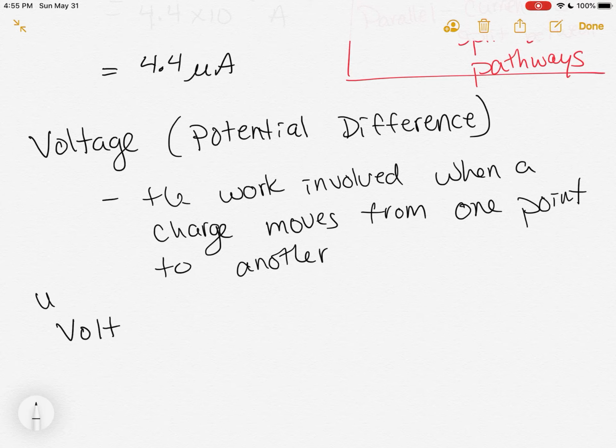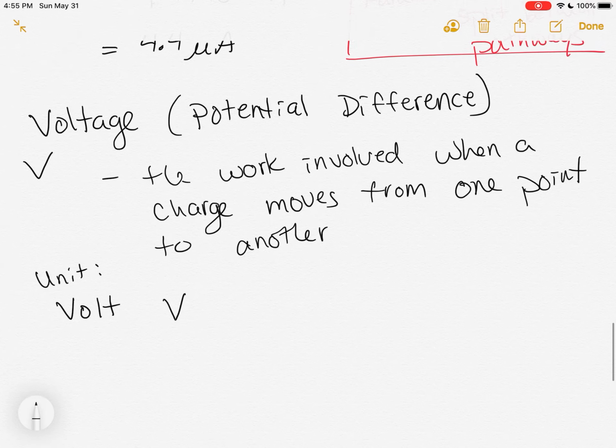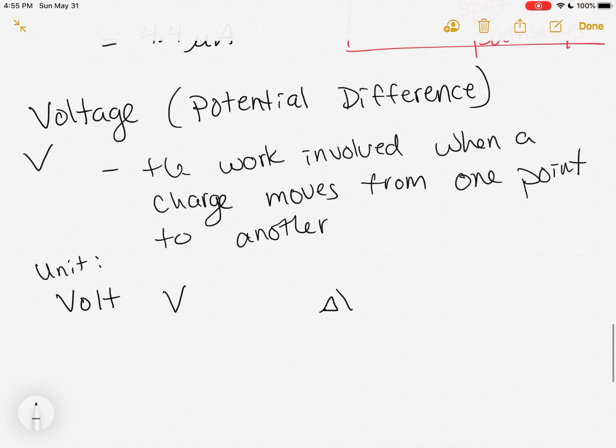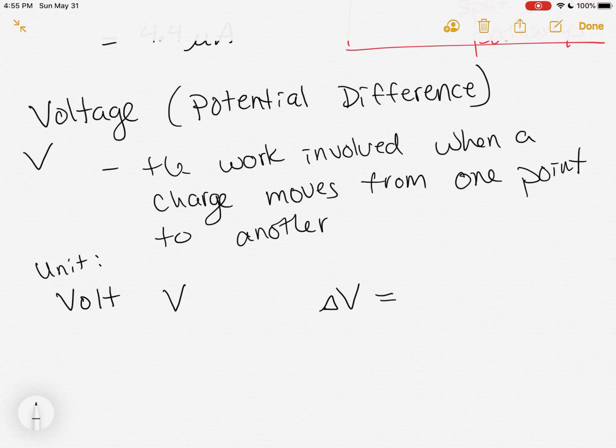So the unit for voltage is actually called the volt. And it's symbolized with a V, but we also symbolize voltage with a V. Okay, so we use V to stand in for voltage, but we also use V as the unit because it's the volt. Okay, if we are trying to calculate voltage, it's actually a difference in voltage, and it's actually a change in energy over the charge.